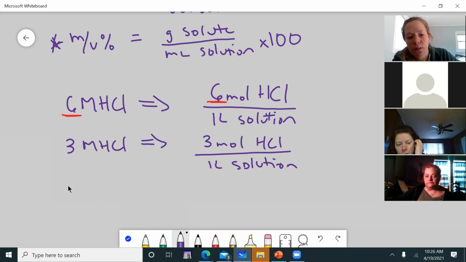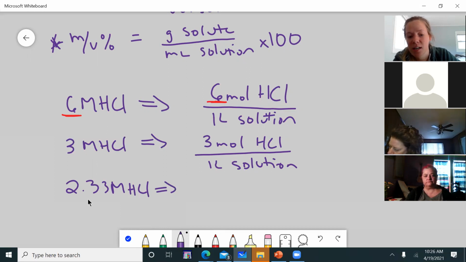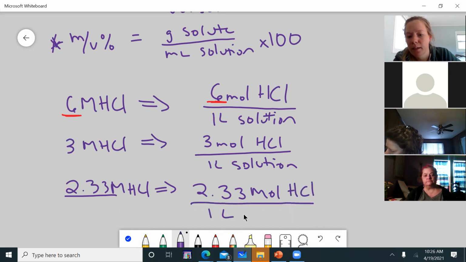Just for fun, 2.33 molar HCl, a very specific concentration. The number always goes with the top value: 2.33 moles of hydrochloric acid in every 1 liter of solution.